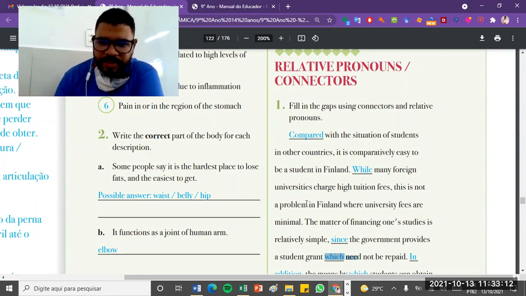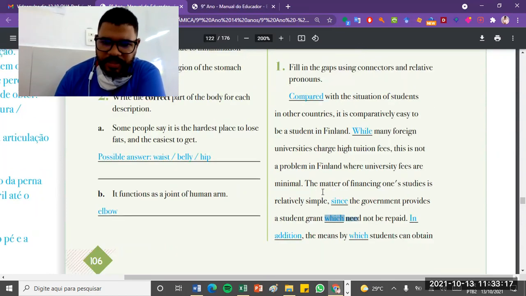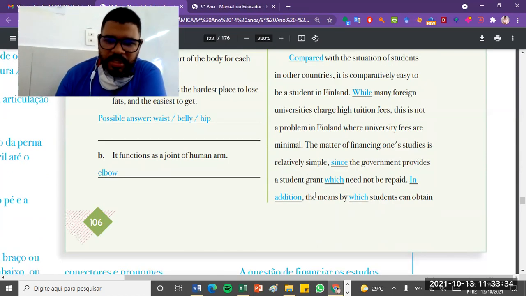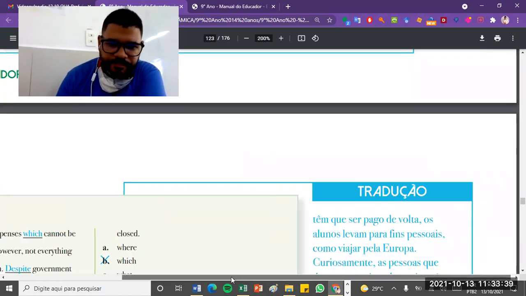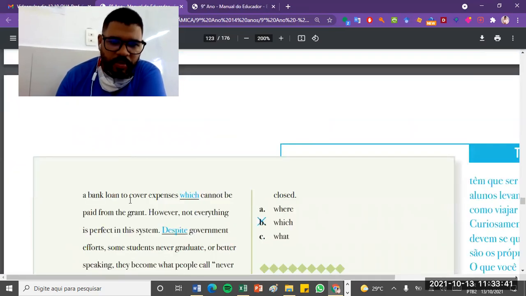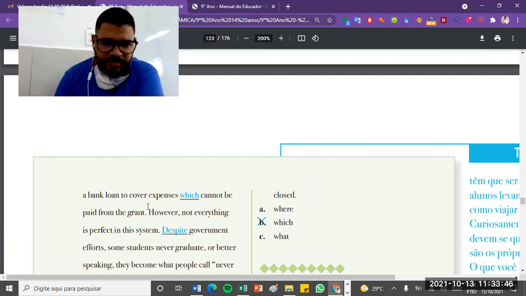This is not a problem in Finland, where university fees are minimal. The matter of financing one's studies is relatively simple, since the government provides a student grant which need not be repaid. In addition, the means by which students can obtain a bank loan to cover expenses which cannot be paid from the grant.